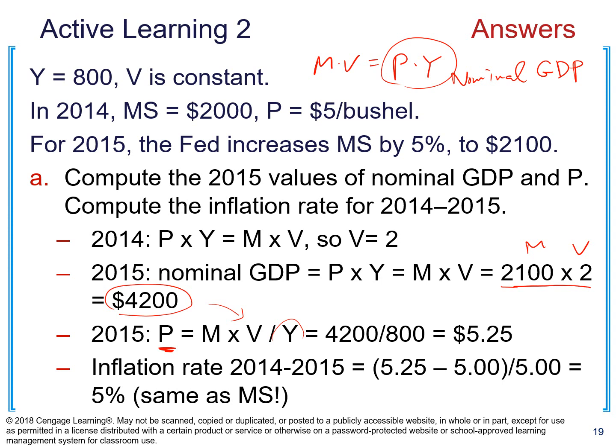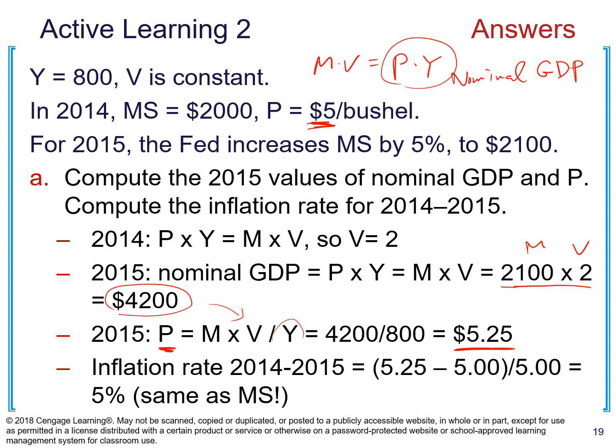And then the inflation rate is what? The price level went up from, what's the price? The price was $5, right? $5 to $5.25, right?